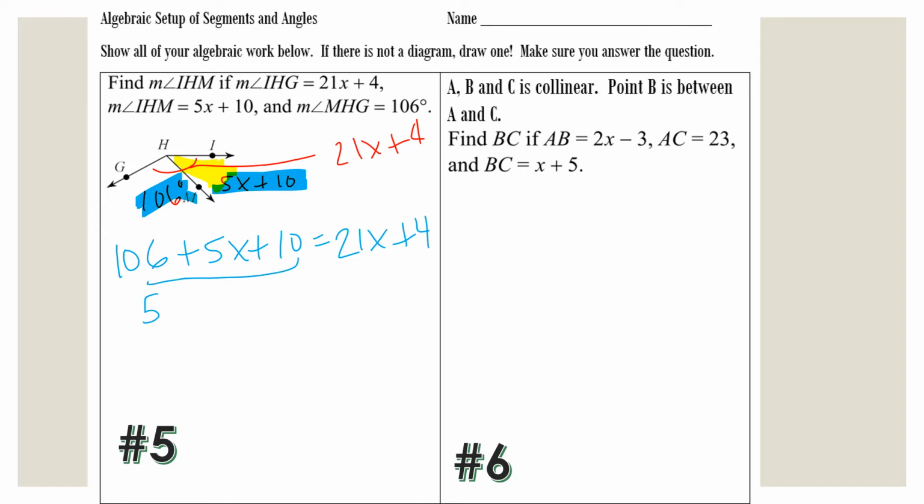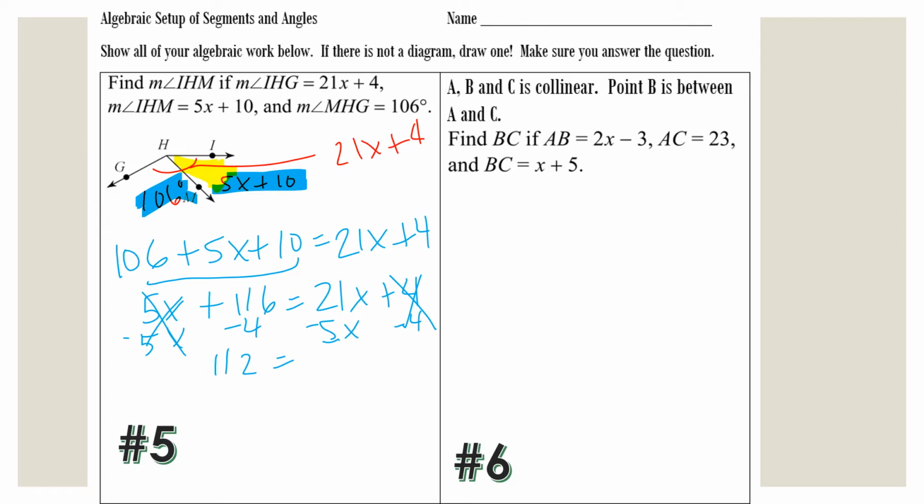We'd have 5x plus 116 equals 21x plus 4. I am going to subtract 5x from both sides, and I'm also going to subtract 4 from both sides. So the x's cancel here, and you end up with 112. The 4's cancel here, and you end up with 21 minus 5.